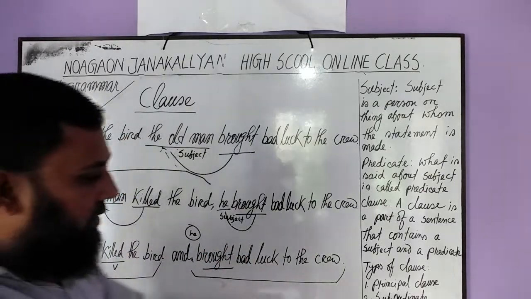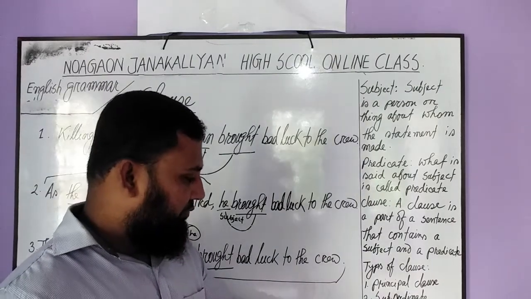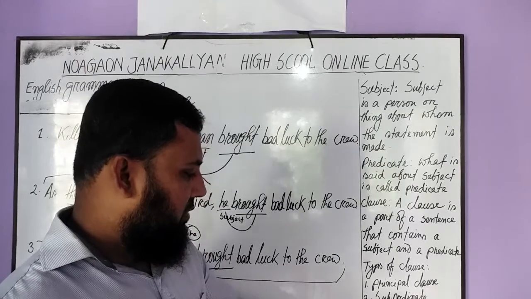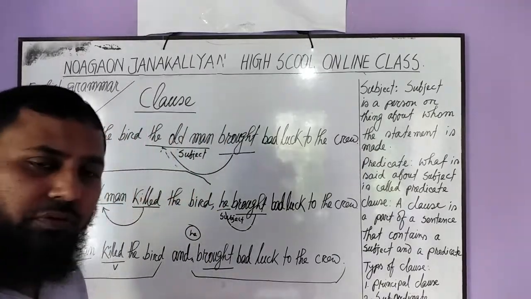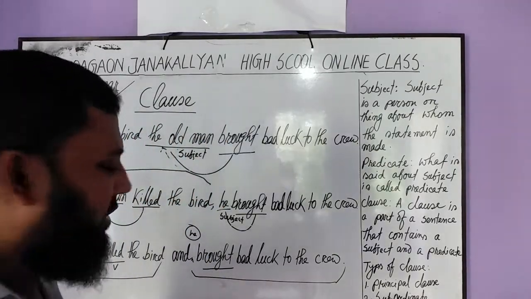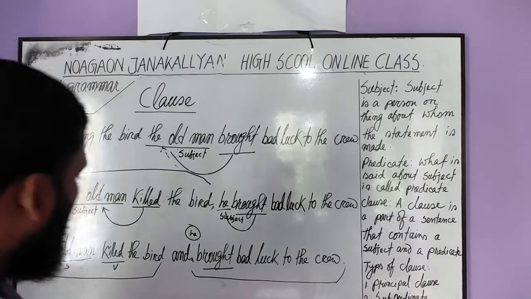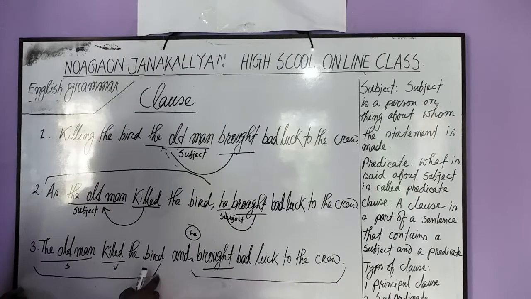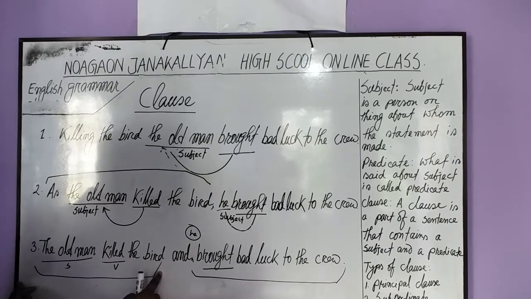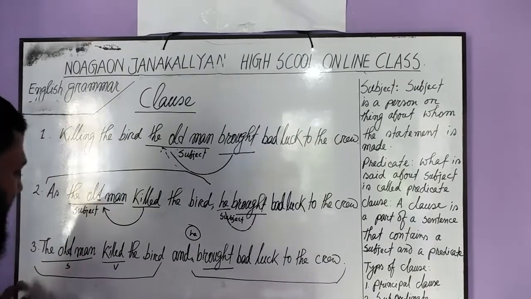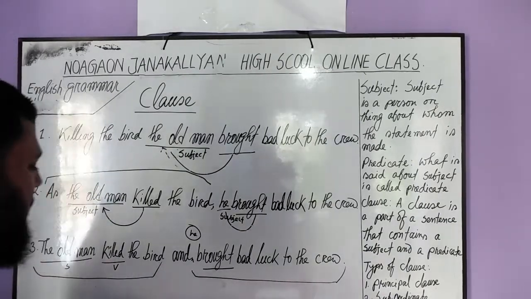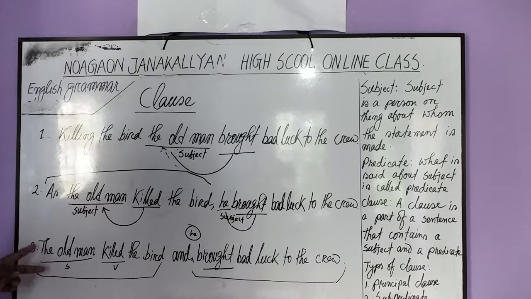So I can give you the definition of the other type of clause. The third type of clause is the coordinate clause. What is a coordinate clause? When we can see that there is more than one principal clause in a sentence. Look at the third sentence.